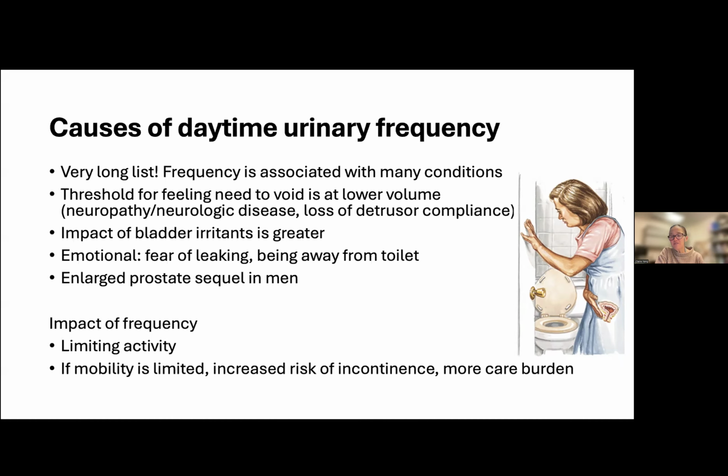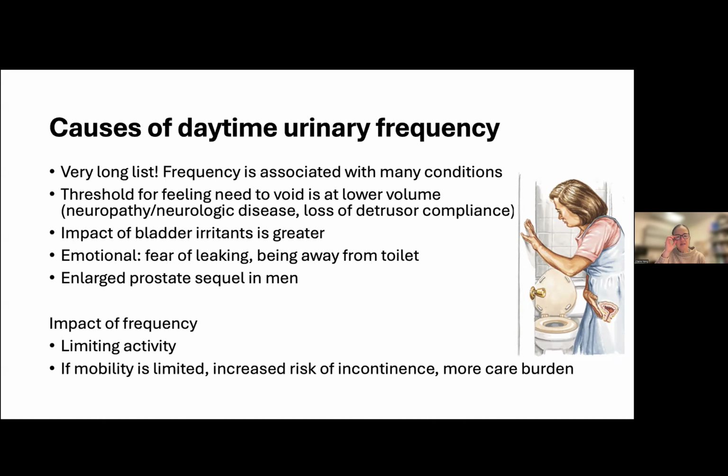In the older adult, urinary frequency can be prompted by emotions, the fear of leaking urine, the fear of being away from a toilet for long periods of time. It prompts people to go to the bathroom even when they don't feel like they need to void. They just want to empty their bladder so that they don't have to attend to it if the circumstances are such that they won't have access to a toilet. So that generates urinary frequency.